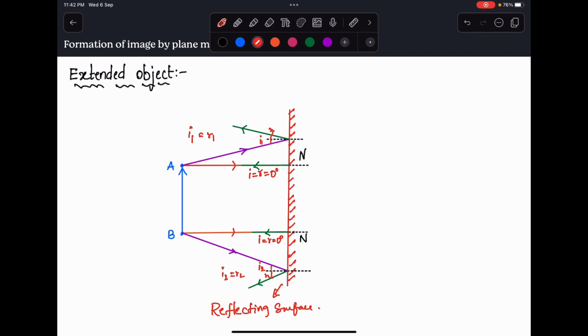Again you can see that the two reflected rays from both top and bottom are not meeting directly. So as a result, we can just extend them behind directly. So let us extend them behind now.